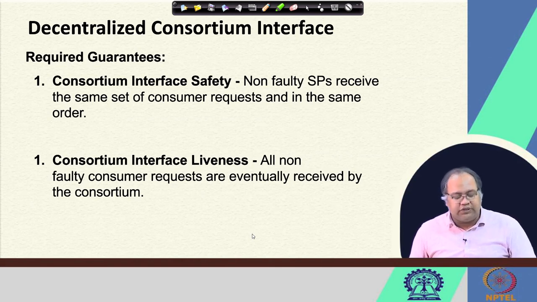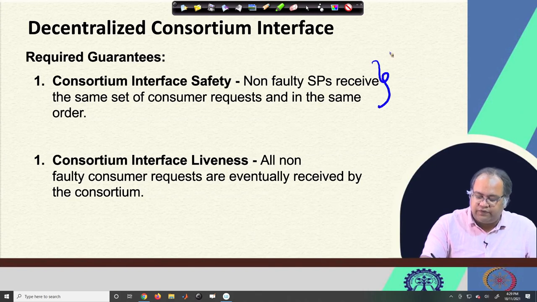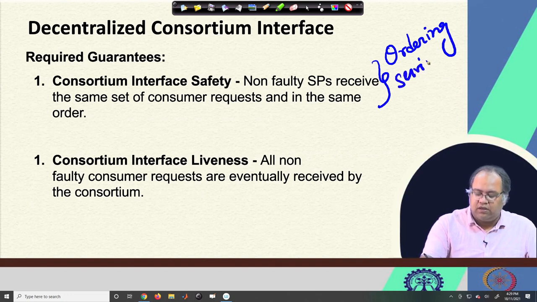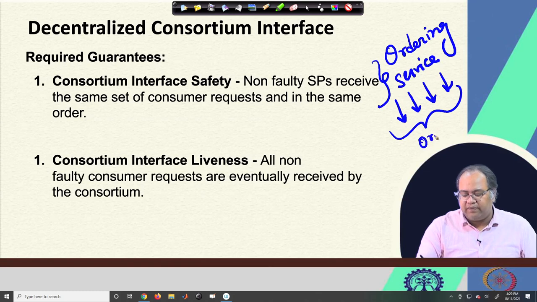First, the consortium interface safety, that means the non-faulty service providers should receive the same set of consumer requests and in the same order. So, I need to run a certain kind of ordering service which will order the service requests which are coming from different users.